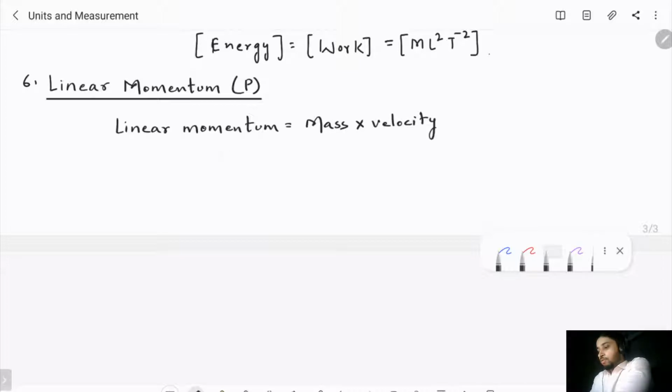Or in short, we write it as P equal to mv, where m is mass and v is velocity.